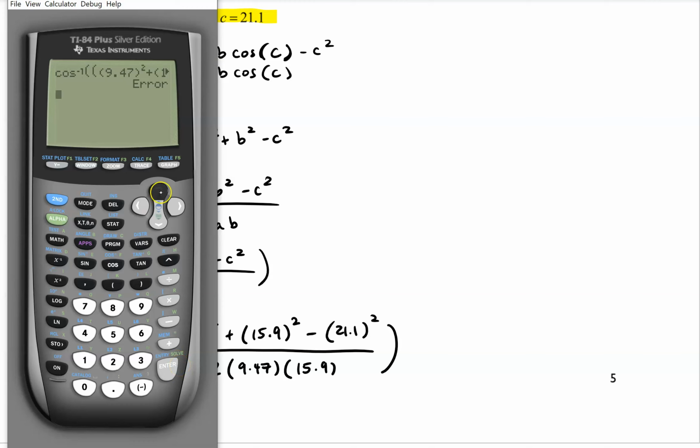Okay, so I went and did something incorrectly. I think I need another parenthesis here. Nope, that's not it.